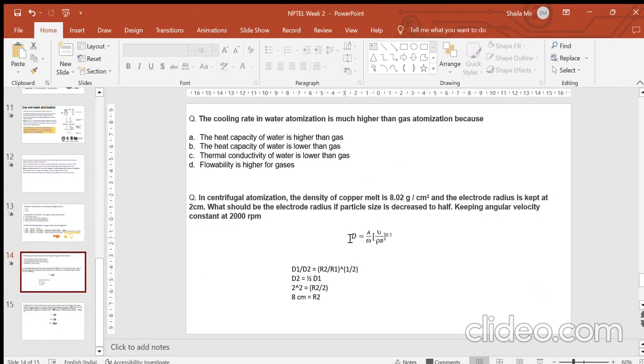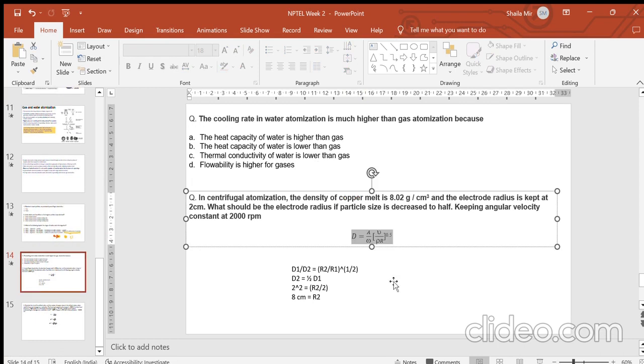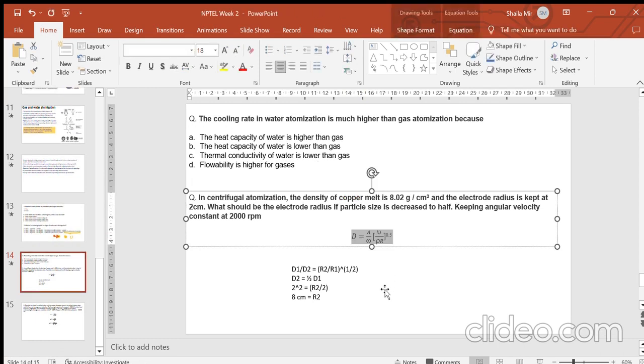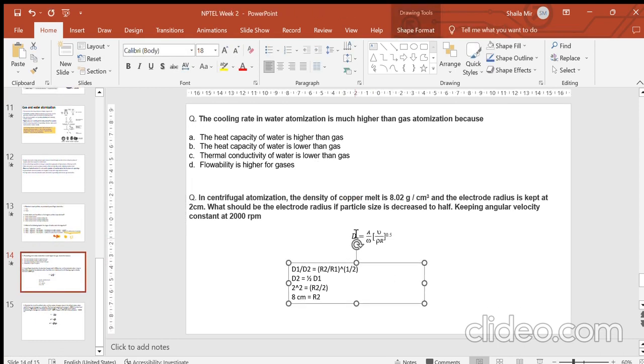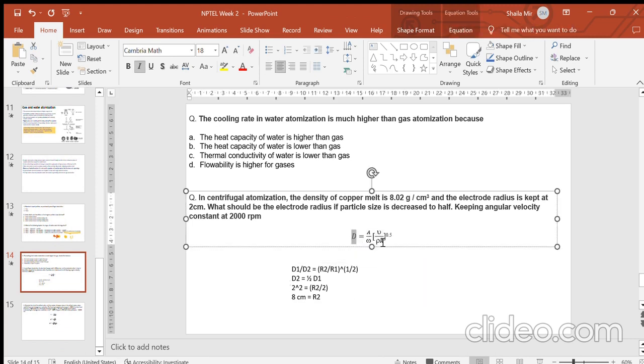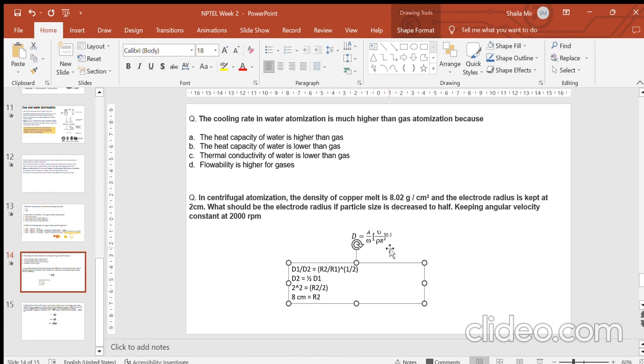I don't think you need to remember the complete formula, but you should have an idea of the dependency of D and R. For example, the particle size and its dependency on the electrode radius. So you know it is inversely related, like the square root of the inverse, to the electrode radius. So that will help you in solving the problem.